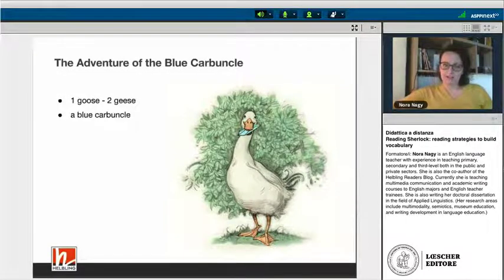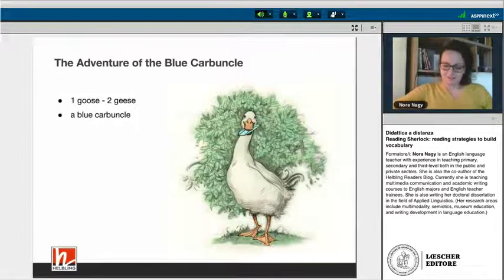And when we have read the first chapter, you can check if your predictions were right. Someone is asking, is it the thief? We don't know yet. This is something that you can think about right before you start reading the story.